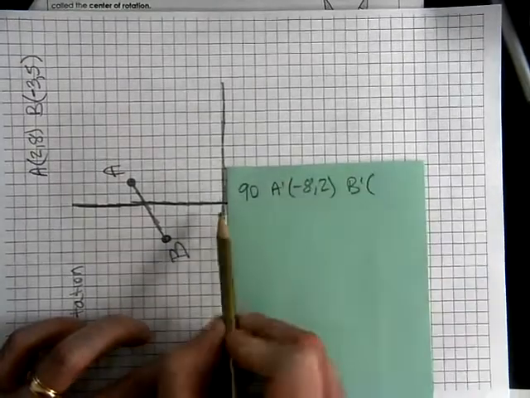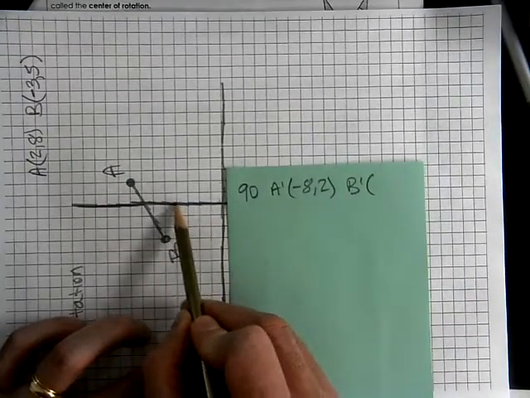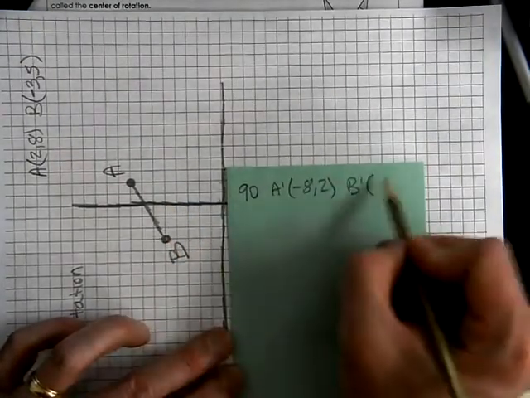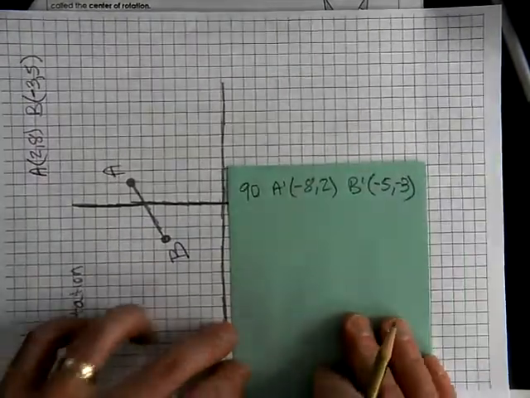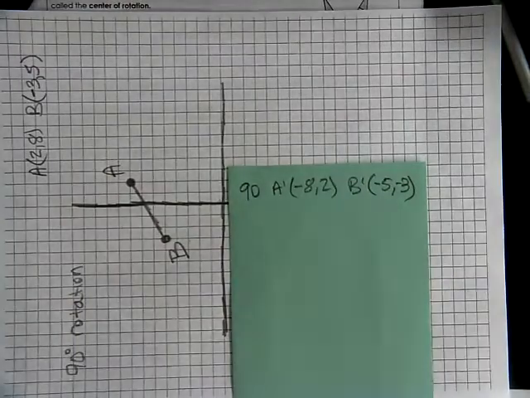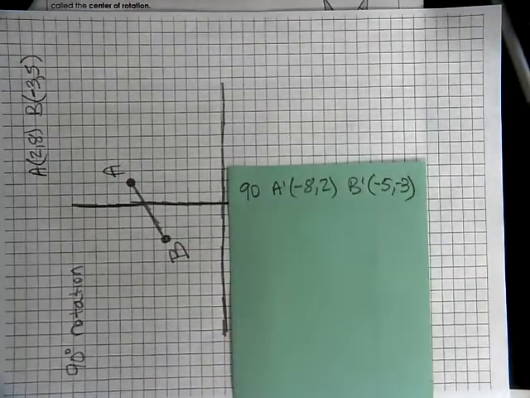And our B prime is 5 to the left, 3 down. So that is where our image would be located.